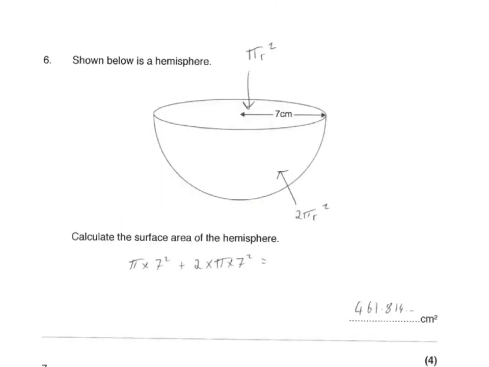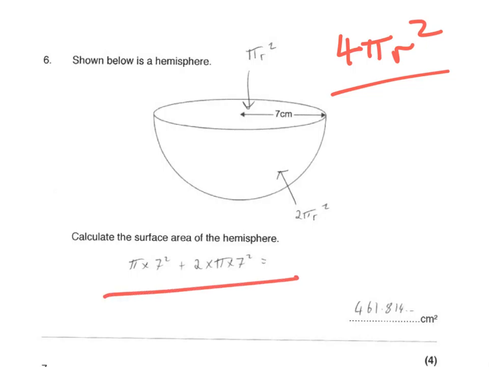Next one. Now, if you look at your formula sheet, you'll see that the surface area of a sphere is 4 pi r squared. A hemisphere is half of that, so you're basically going to half that value. You can substitute that there.